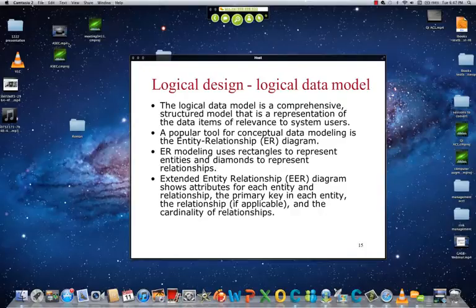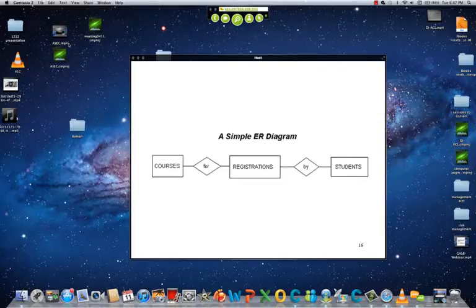So what is an ER diagram? An ER diagram is a very simple thing. You have entities, which are objects of interest, and you have relationships between entities, okay? For entities, you have rectangles. For relationships, you have these diamonds.